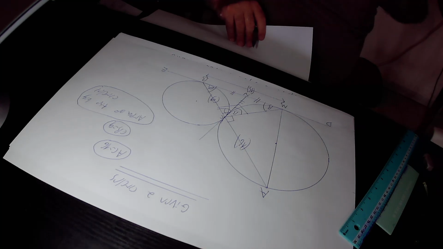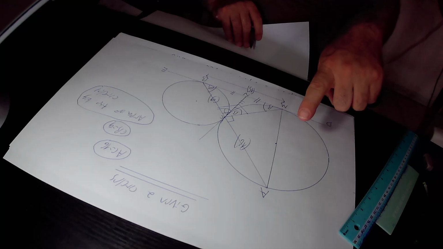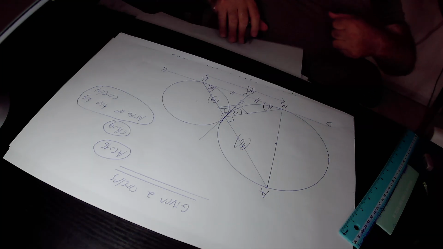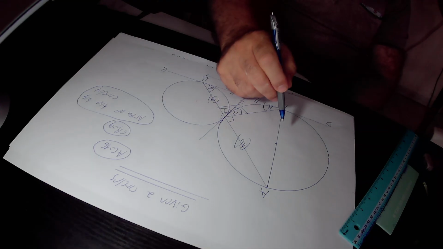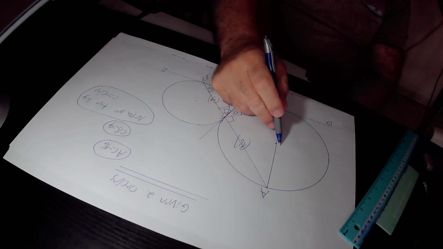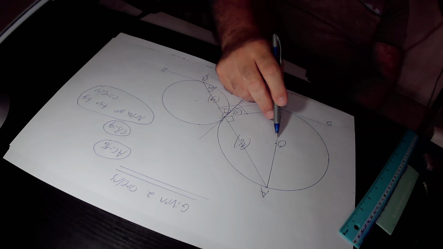Therefore, the center of this big circle must be located somewhere on AM. We define this point as point O, and point O is the center of the circle.